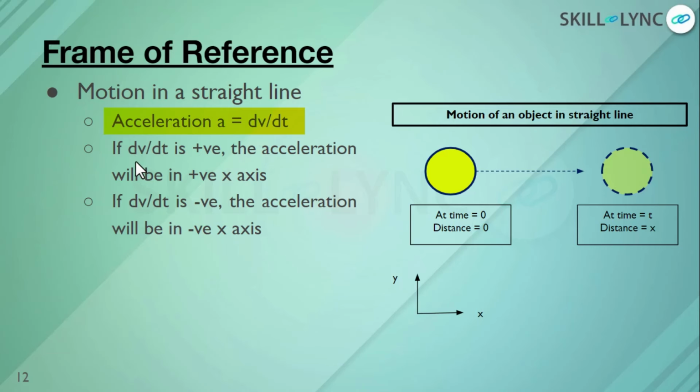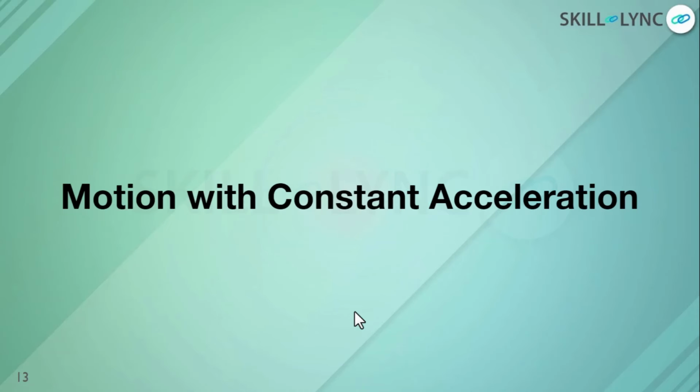If dv by dt is positive, the acceleration will be along the positive x-axis as given in the coordinate axis. Similarly, if dv by dt is negative, the acceleration will be along the negative x-axis.